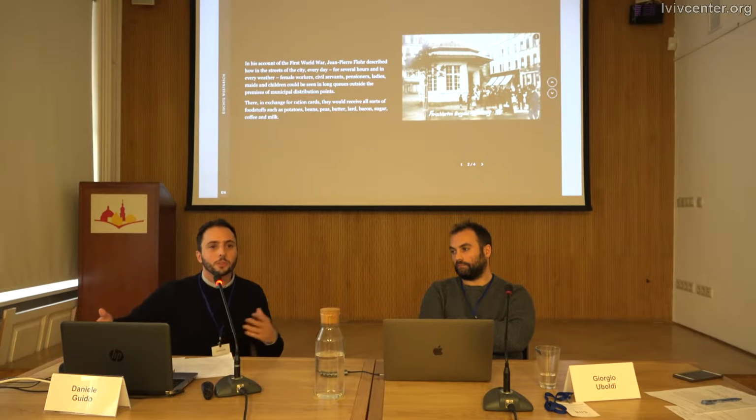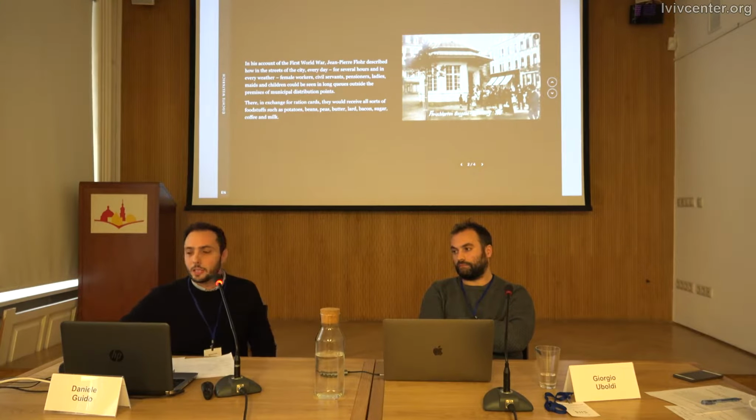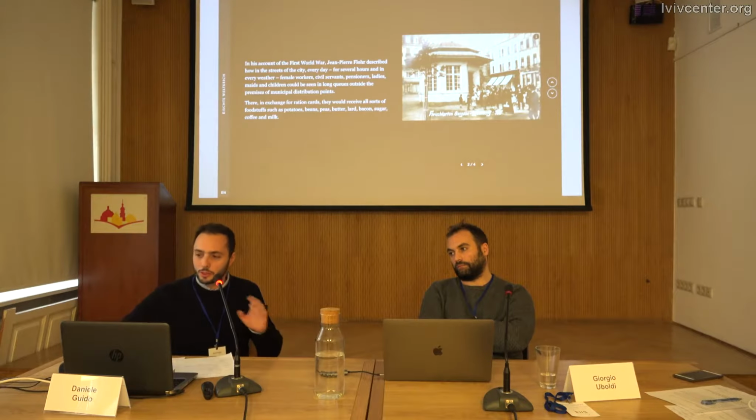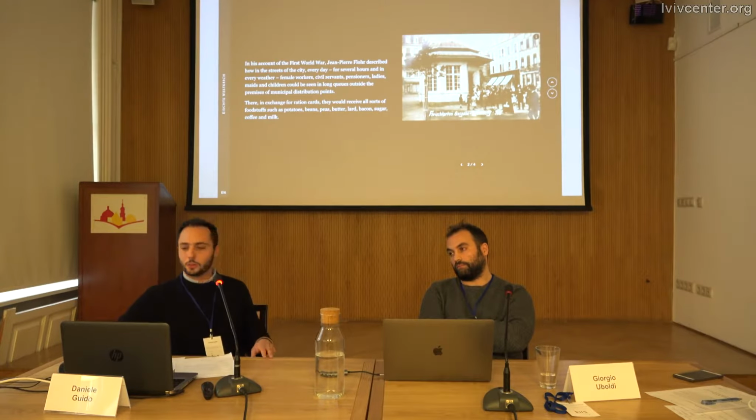So the researcher is able to put whatever image they want, and then the user scrolling through the website bumps into it, and can decide to look more deeply into the details of the document.